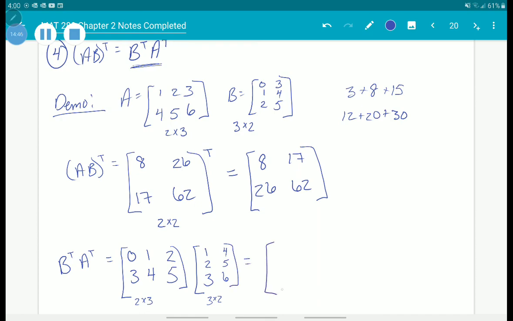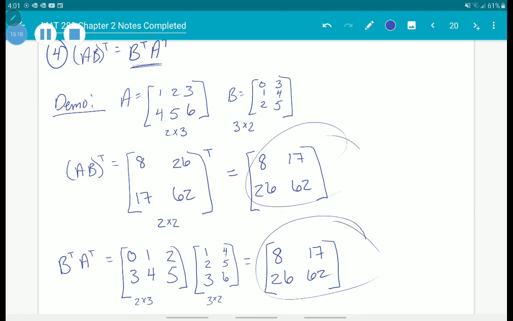And if we were to multiply these together, that was 0 plus 2 plus 6. 0 plus 5 plus 12. 3 plus 8 plus 15, and 12 plus 20 plus 30. So you can see how we get the same thing in both cases.